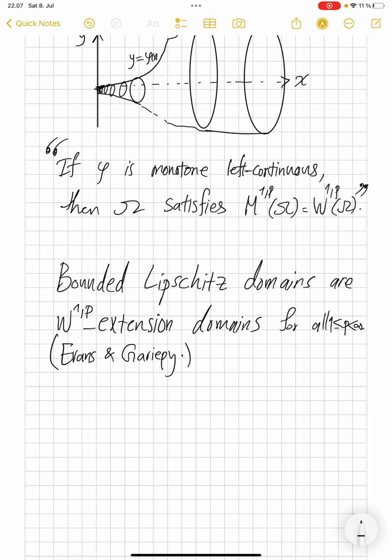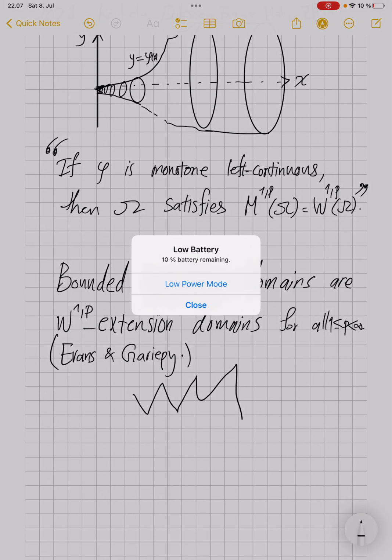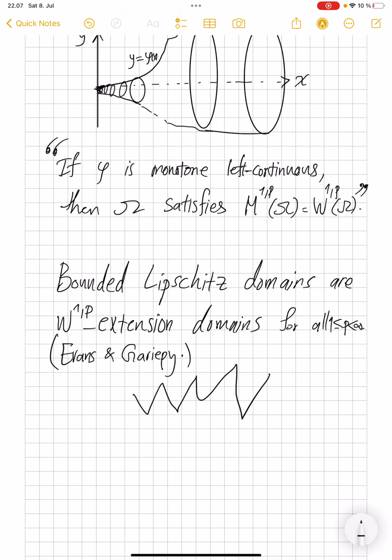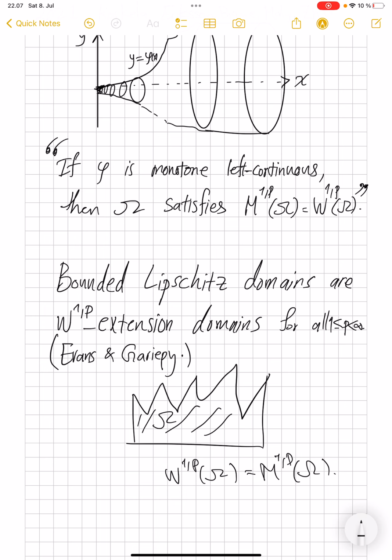So if you have a Lipschitz function, for example, the graph under it, this, for example, will be an example of a space where W1P(Ω) is just M1P(Ω).